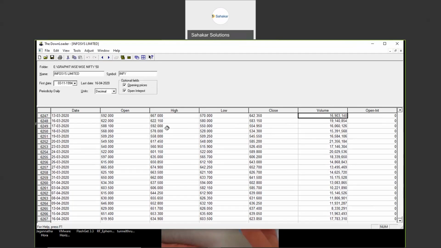For that, we need to ascertain whether the script has potentiality to move up or move down, because profit can be made in both ways: buying at low and selling at high, or selling at high and buying at low again. By looking at the data with the naked eye, it is difficult to ascertain whether the script has potentiality to make a move either towards upside or towards downside.